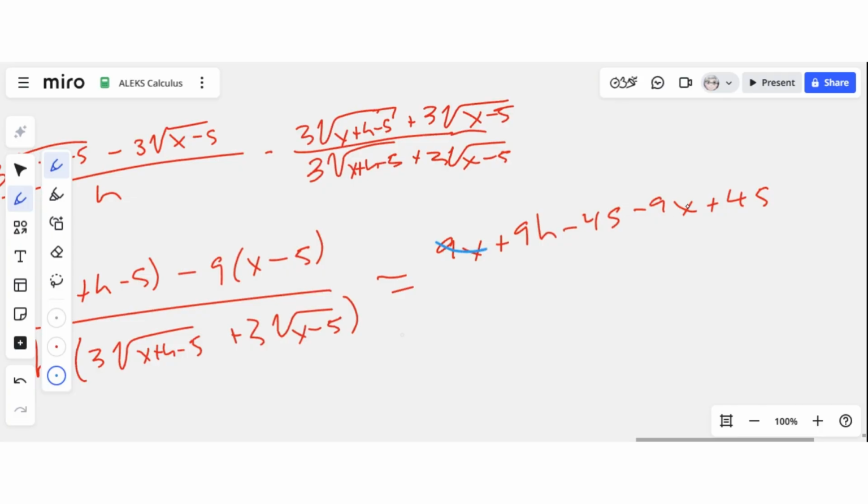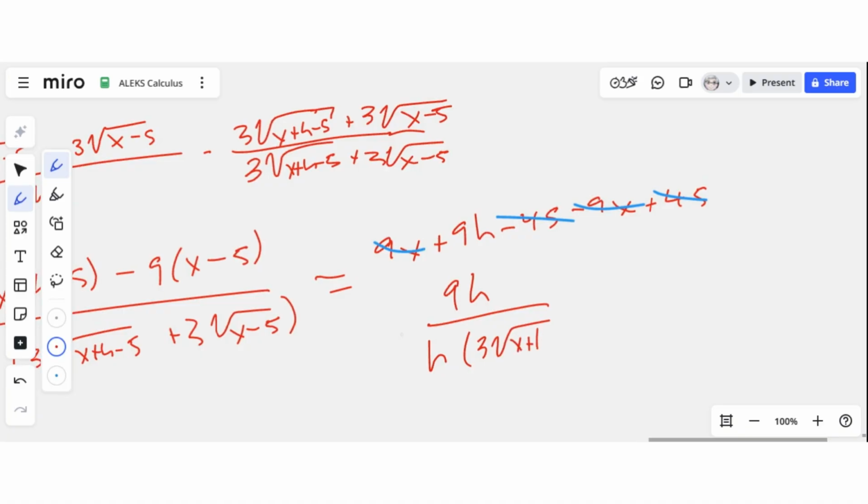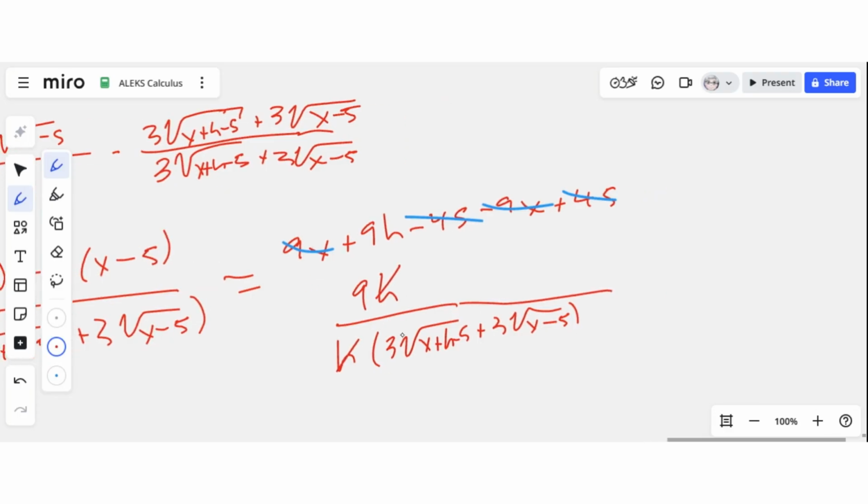So 9x and negative 9x, 45 and positive 45. We only end up with 9h on the top. That's really great because we've got h times 3 times the square root of x plus h minus 5 plus 3 times the square root of x minus 5 on the bottom, and these h's are going to cancel.